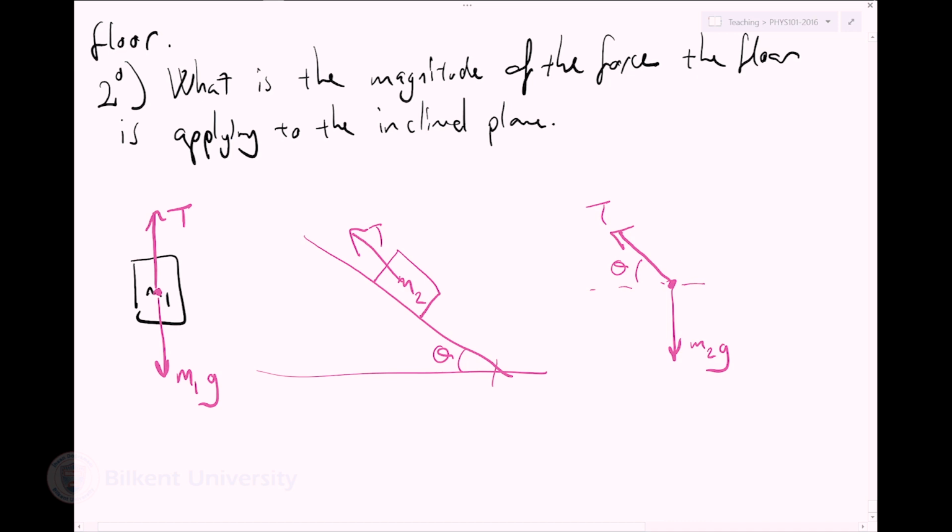So that force, the normal force, must be perpendicular, okay? So the angle here must be 90 minus theta, okay? Now, I can extend this, right? How about the angle here?